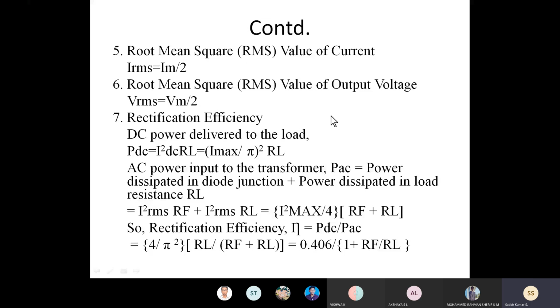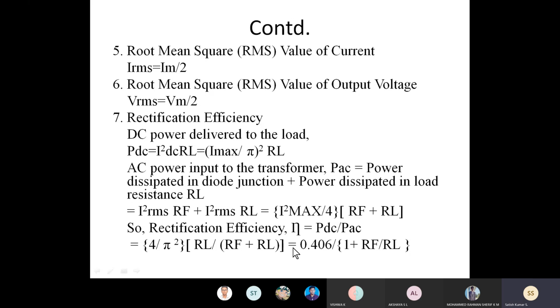We have to calculate the power dissipated in the diode junction, that is I square RF, and the power dissipated in the load resistance, I square RMS into RL. Here the RF value is very negligible compared to the load resistance.